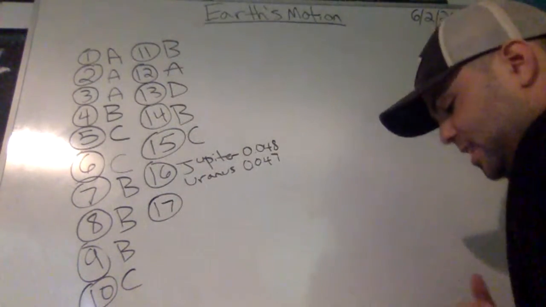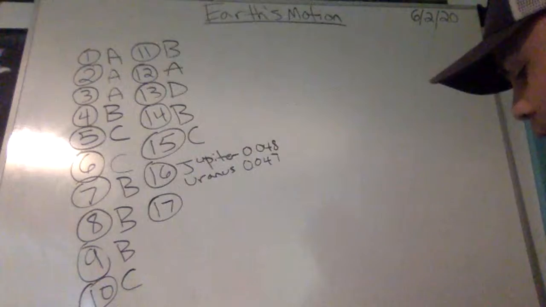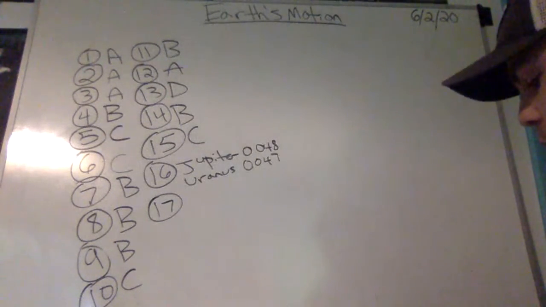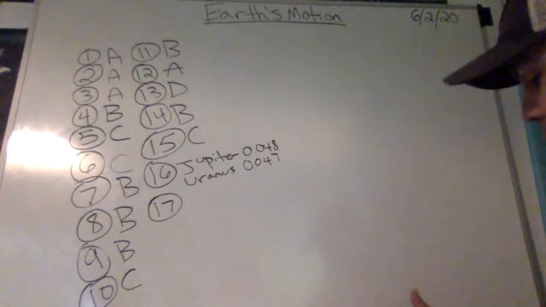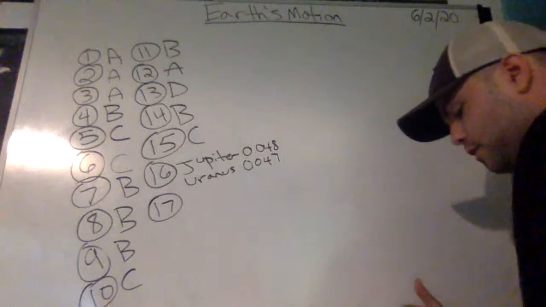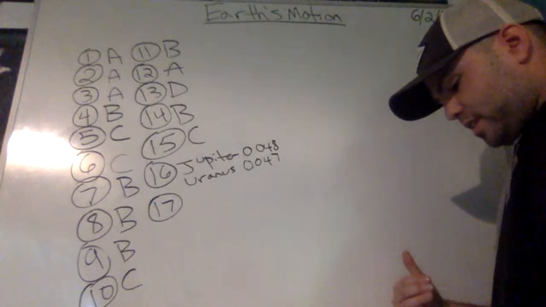And then for 17, it's asking you to put them in order. So if you put them in order, okay, make sure you always check them off after you use them, from the least to increasing.